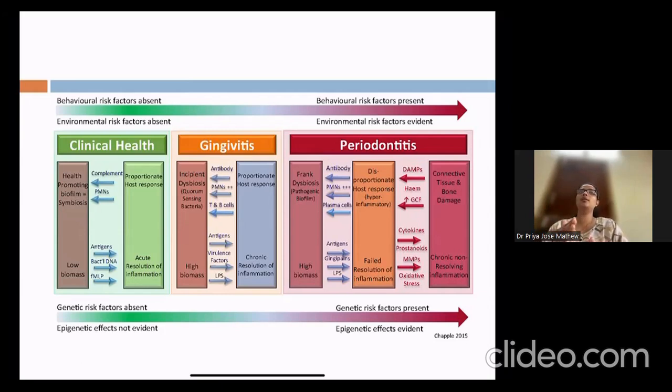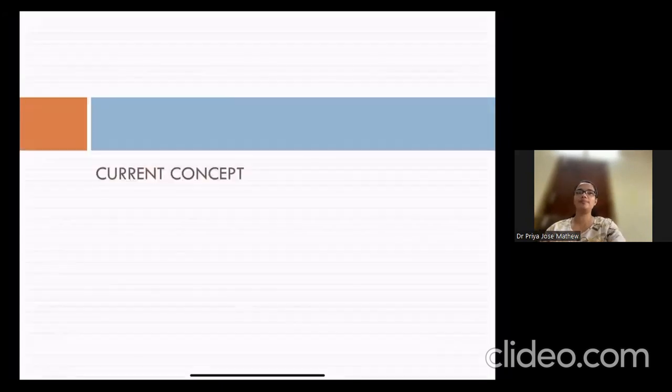When there is frank dysbiosis, where the dysbiosis is at a high level, and there is a disproportionate host response, more and more connective tissue and bone damage occurs, which causes established periodontitis. That is the basic contemporary model by Bailey and Chappell in 2015.